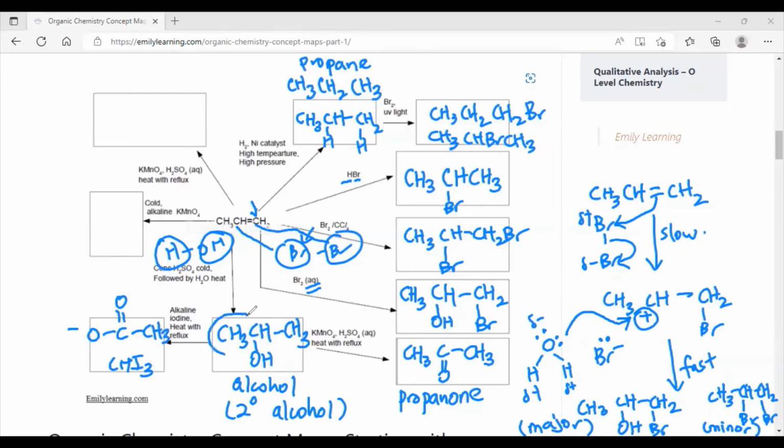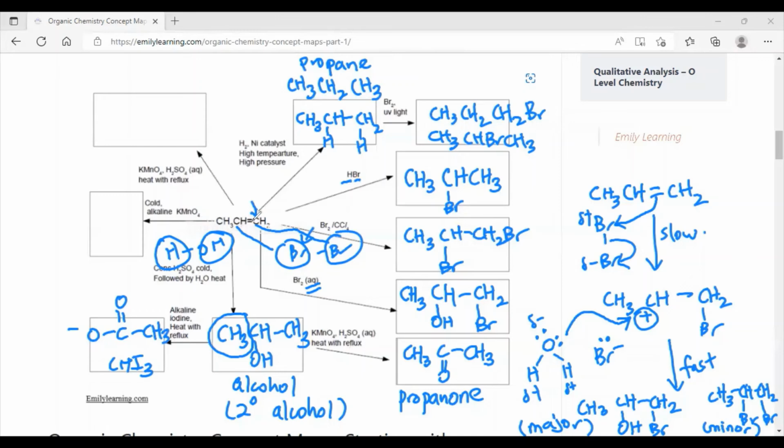One of the CH3 will form CHI3, and you change this portion to O minus. Then the H and OH form a double bond O, and the rest remains. So this will be your organic product formed when 2-propanol, which is an alcohol, undergoes the iodoform test.